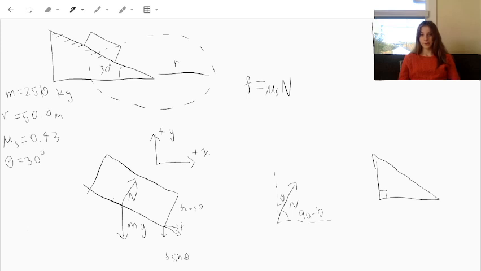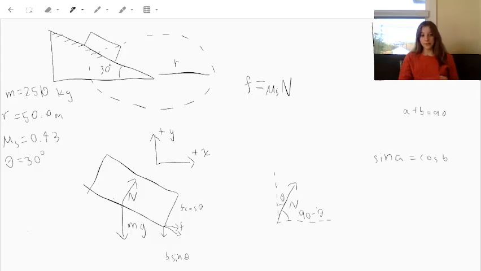And so we can use that to know that, let's say A and B are the two non-90 degree angles in a right triangle. Sine of A is going to equal cosine of B, and A plus B equals 90.